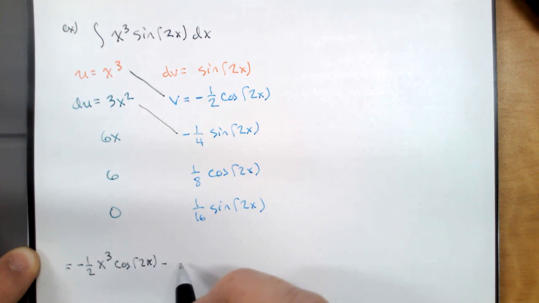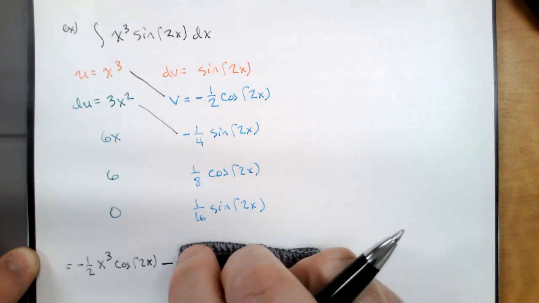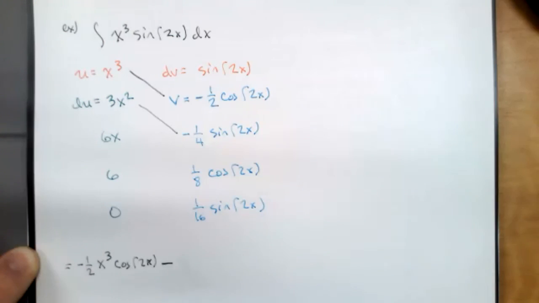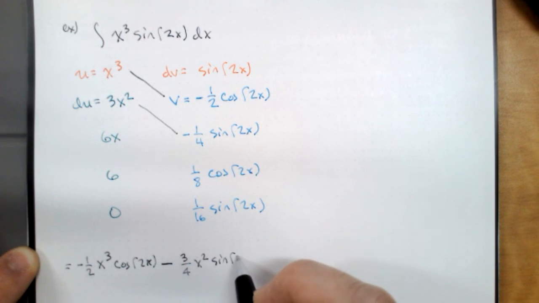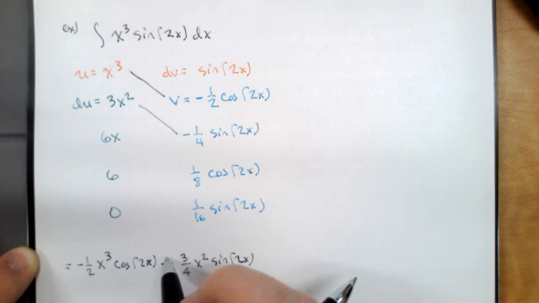So the natural sign for this term is negative. Oops, and it should be 3/4 x squared sine of 2x. But this is the second one, it's behind a negative, so it's to change the sign. So I change it to positive.